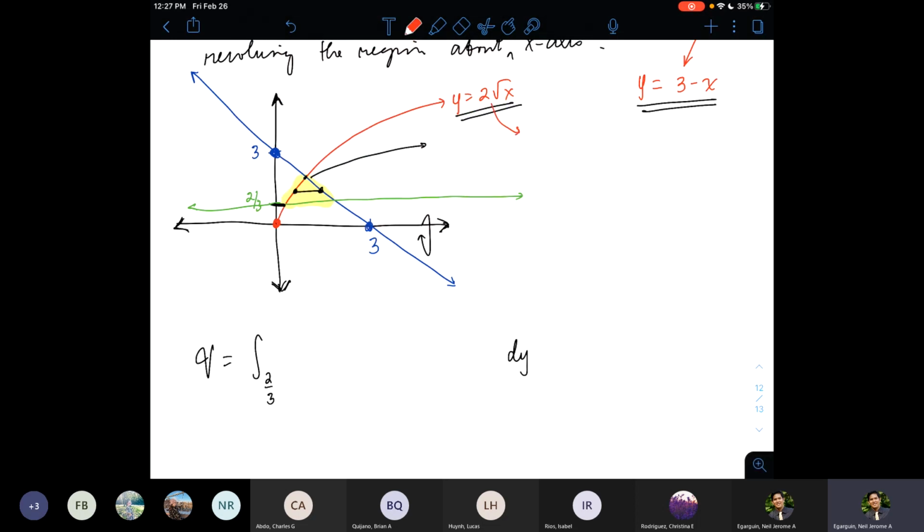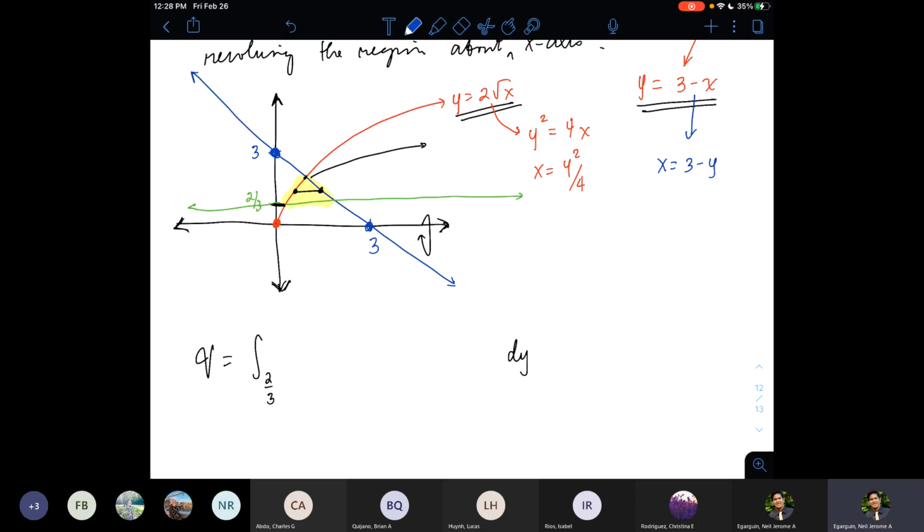Here I can square both sides, so I get y squared equals 4x, because I'm squaring both sides. Then I can divide both sides by 4 to get x equals y squared over 4. And for the blue graph, I'll have x equals 3 minus y.